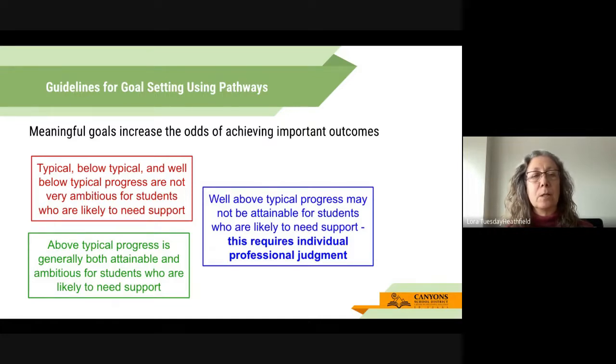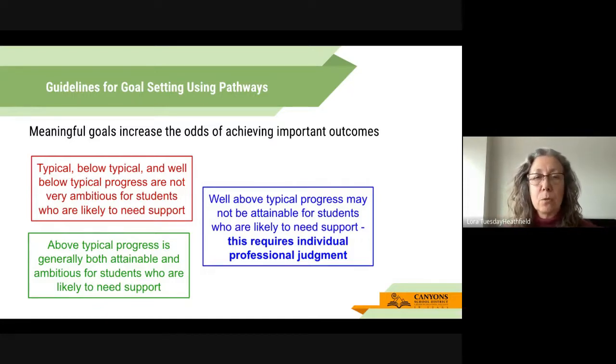So we typically don't choose a pathway that's typical, below typical, or well below typical. Above typical progress is generally both attainable and ambitious for students who are likely to need support. However, well above typical for students who are needing support, it might be attainable or might not be. And so that's kind of where the judgment comes in when you're establishing a goal for a particular student.